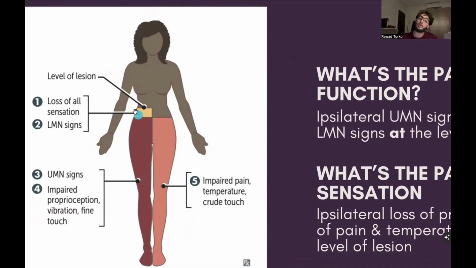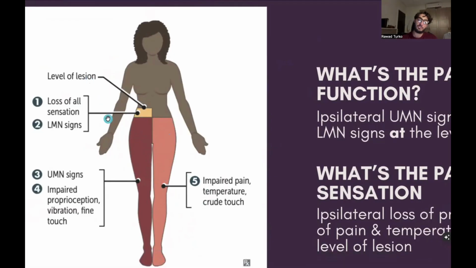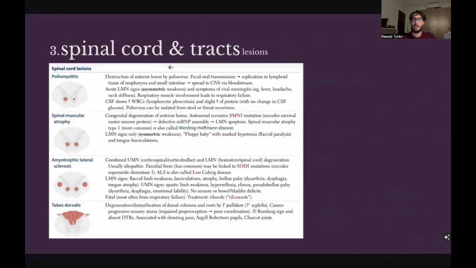So if it's crossing over and you have a lesion here, then it's going to have contralateral symptoms for the spinothalamic tract. Whereas for the corticospinal tracts and for the dorsal column and the medial lemniscus, it's going to be ipsilateral. Okay, I hope that makes sense.